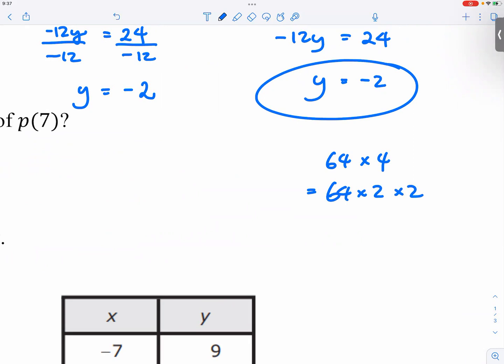If you agree with this, what's 64 times 2? That's easy, right? What's 128 times 2? 256. Or if you think this is difficult, then I would just tell you, hey, 128 times 2 is the same thing as 128 plus 128, which is 256.